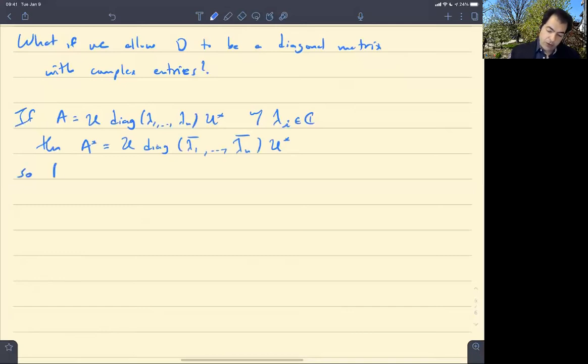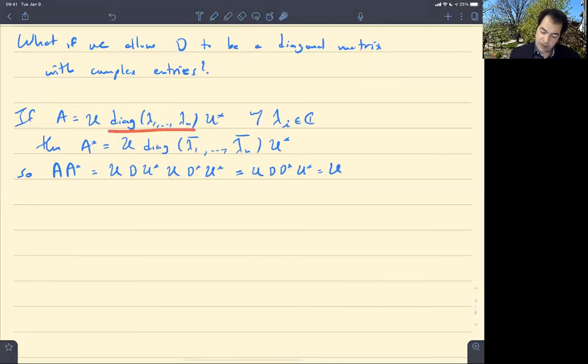So here the thing to notice is that if you do A star, let's write it out. I would get U D U star, and then I take the star of this, so I would get U D star U star. And here I have U star U, so that becomes the identity, and I end up with U D star U star. And let's go ahead and write that out. D times D star, well, this is D and this is D star.